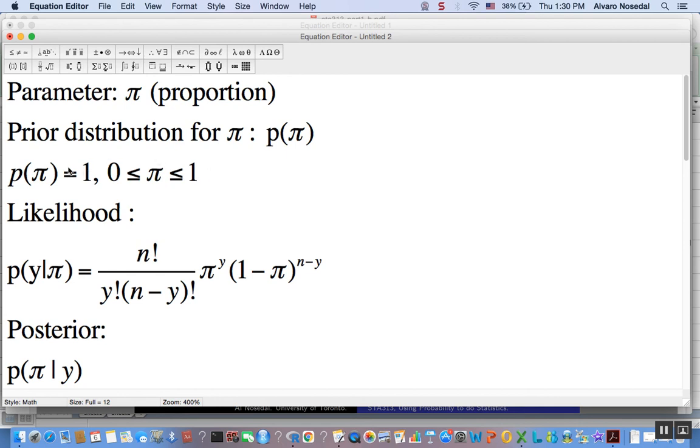Since we're talking about a proportion, the possible values are numbers between 0 and 1, and the first continuous distribution that we considered for that extension was the uniform. For the likelihood, for our experiment, it made sense to use a binomial.